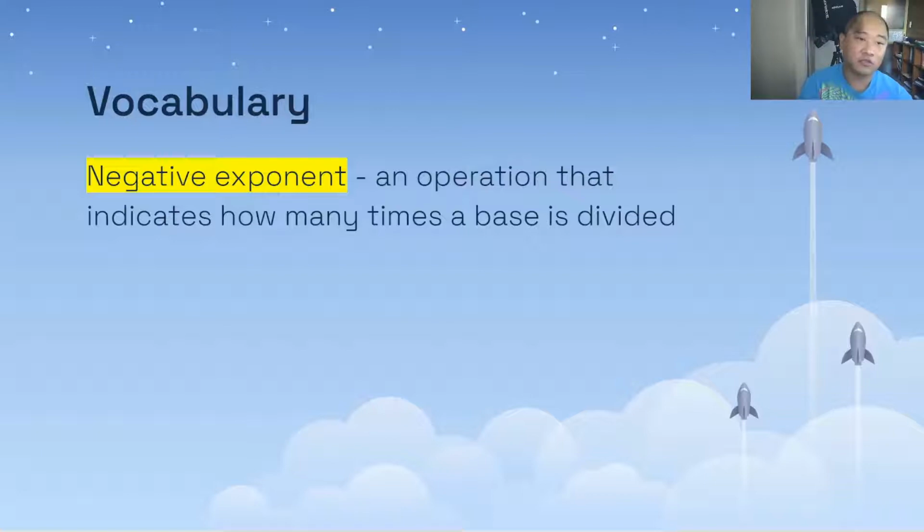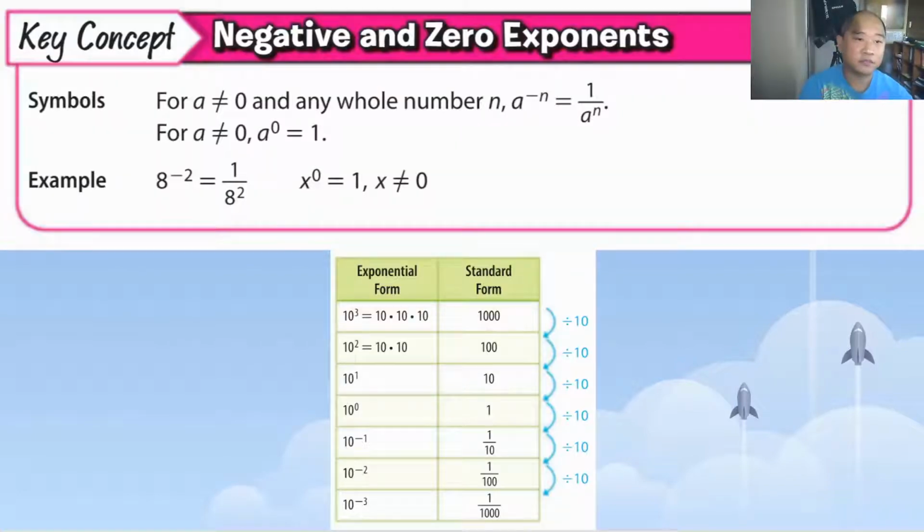And here is a little chart to kind of illustrate the point. So if you have a number like 10 to the third, that is the same thing as 10 times 10 times 10, right? And if you were to divide this by a 10, then that would cancel one of these out, right? That would be like 10 to the third over 10 to the 1.